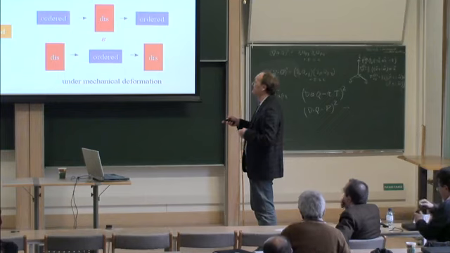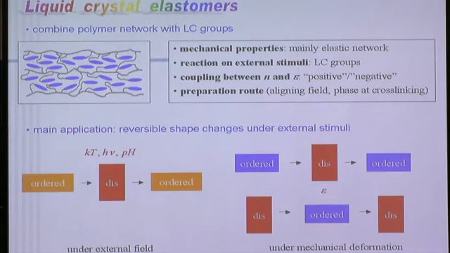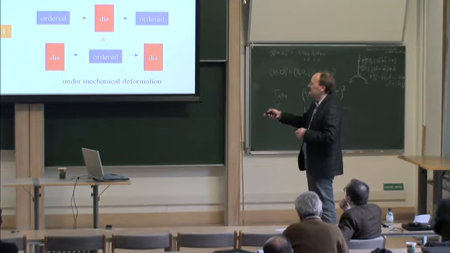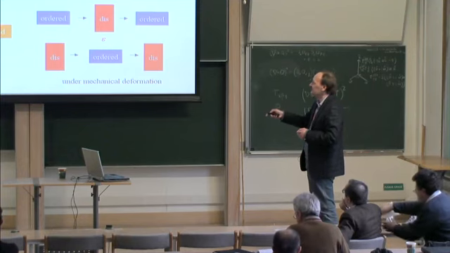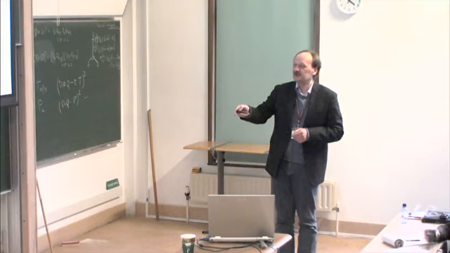The main applications are based on reversible shape changes under external stimuli. So, for instance, if we have some ordered phase, we can heat the system up, or we can illuminate it if the elastomer contains photosensitive groups like azobenzene, and the shape changes reflecting the changes in the liquid crystal system; due to coupling they are transformed into the shape of the system.